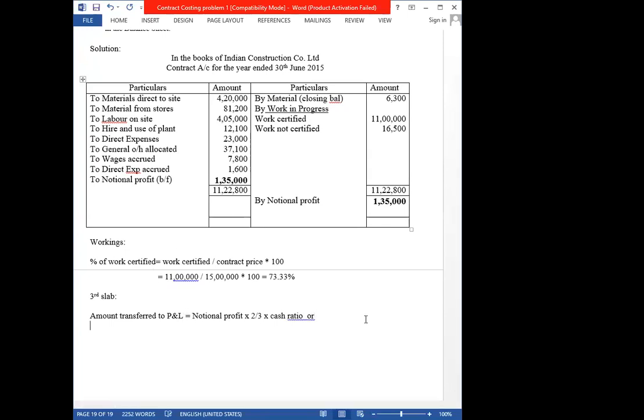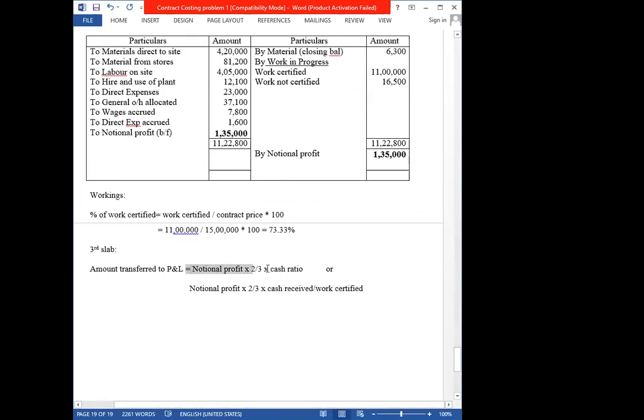What is the other formula? Instead of cash ratio, you can use cash received divided by work certified. Both are the same. You can use any method. I think as there is a cash ratio, I'm going to use this formula.